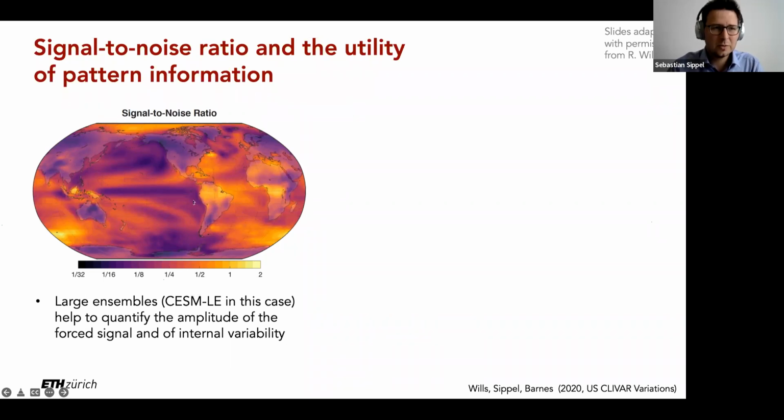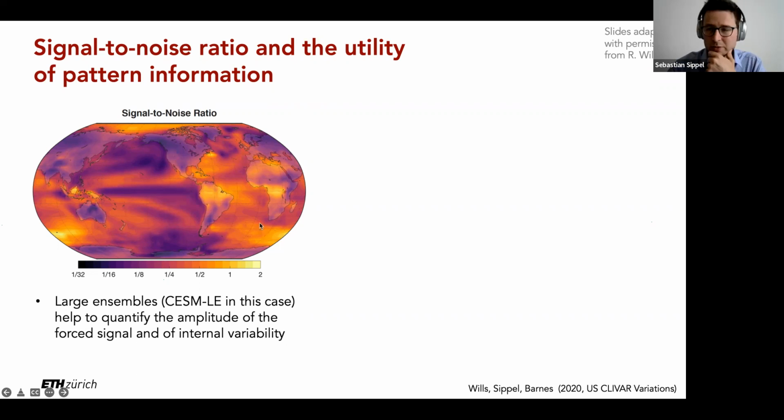We see a tendency that the signal to noise on a seasonal time scale, so the forced signal versus internal variability, is higher over the ocean, specifically over the tropical oceans and also over tropical land. The signal to noise tends to be low in the mid latitudes because of the large influence of circulation and internal variability, and tends also to be lower over the equatorial Pacific.